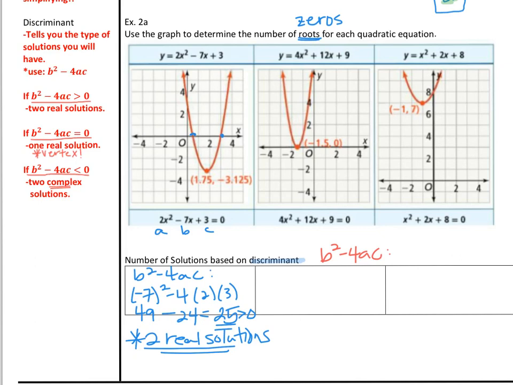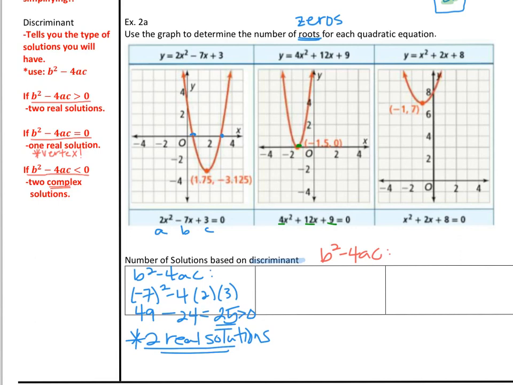All right, let's try the second one: 4x squared plus 12x plus 9. Looking at the picture again, you can tell it's crossing just one time over here on the left-hand side. So let's put b squared minus 4ac to the test. We've got a equals 4, b equals 12, and c equals 9.